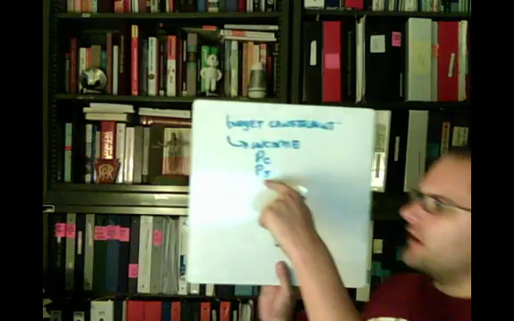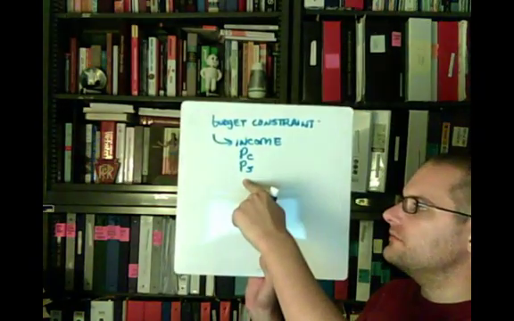And in the budget constraint, we're going to have two variables, or two objects here. That's going to be our total income, and then the prices of the two products.